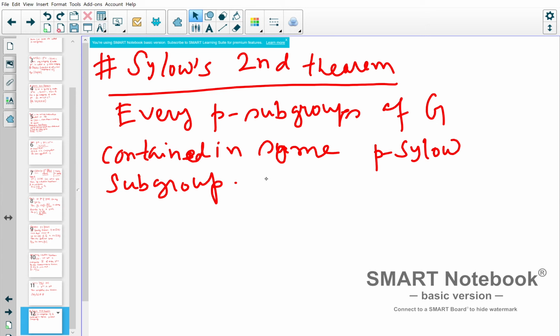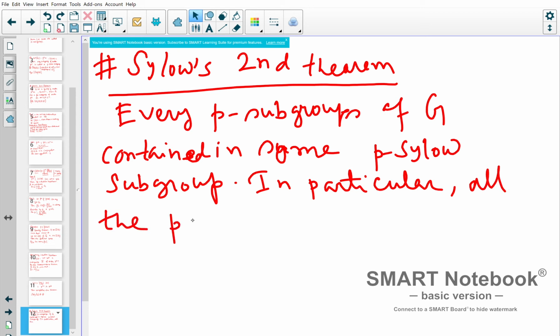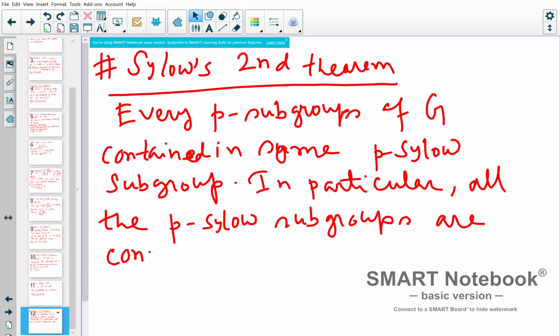Okay. In particular, all the Sylow p-subgroups are conjugate to each other.